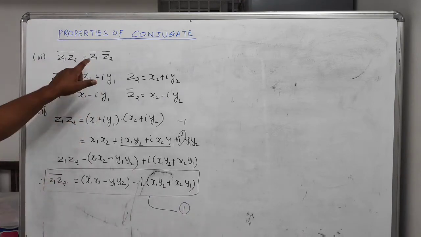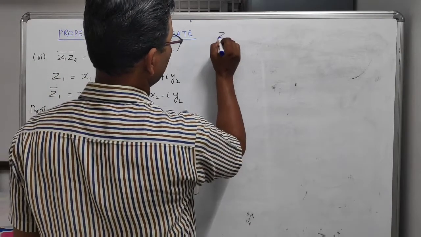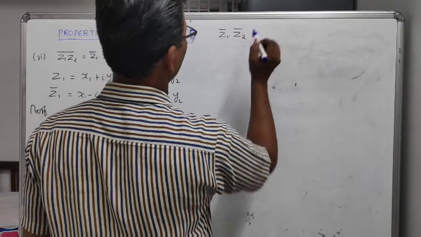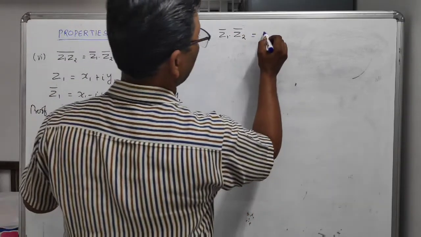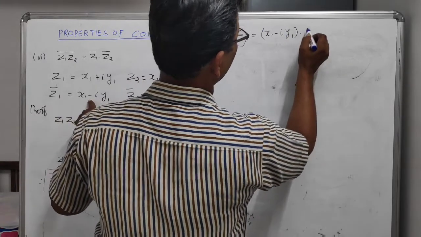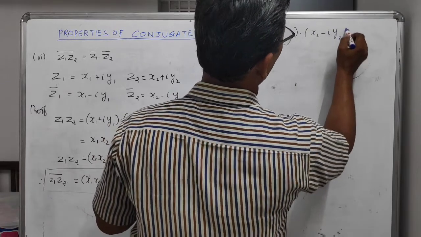Next we can go for the right hand side, Z1 bar into Z2 bar. Therefore you can write Z1 bar into Z2 bar, which is equal to, what is Z1 bar? x1 minus i y1 into x2 minus i y2.